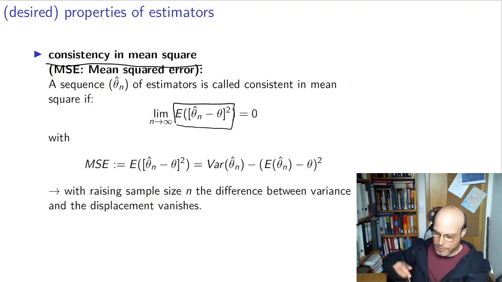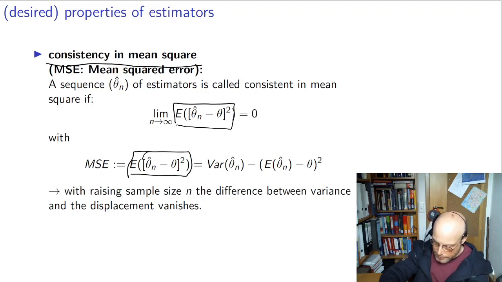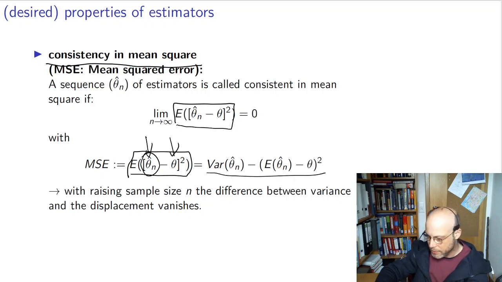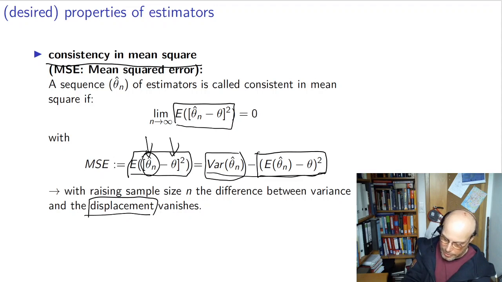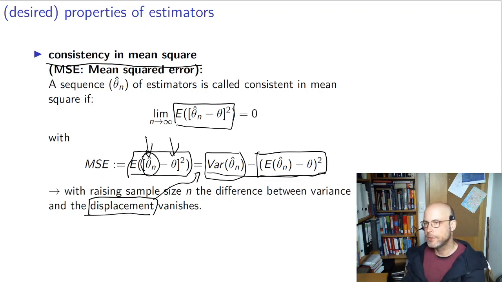And in general, and this will be your homework, we can say that this difference between our estimated point and the true point can be split into the variance of our estimated points and some additional displacement.